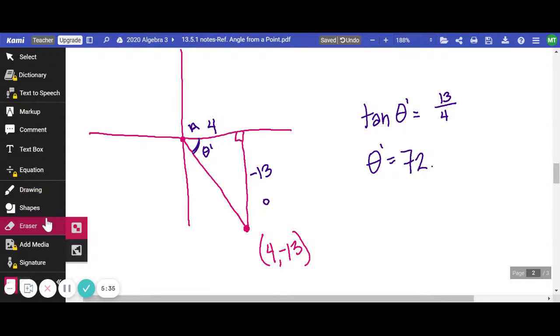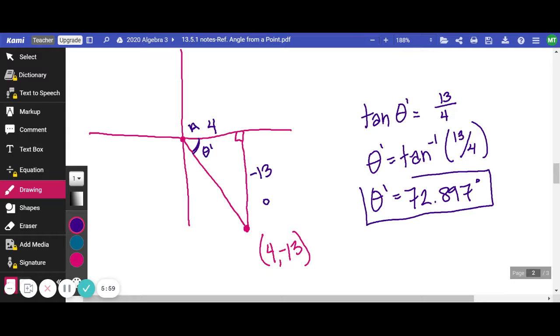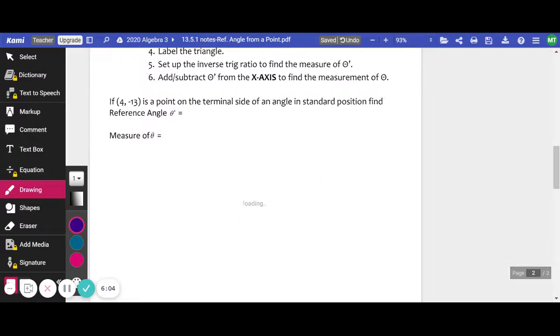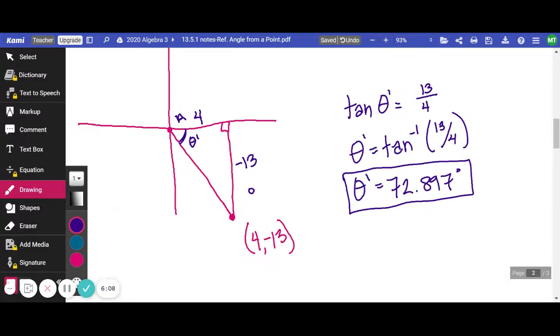Maybe I should show you what I did first. I'm going to do tangent inverse of 13 over 4, and I get 72.897. Then it says add or subtract from the x-axis to find the measurement of theta.